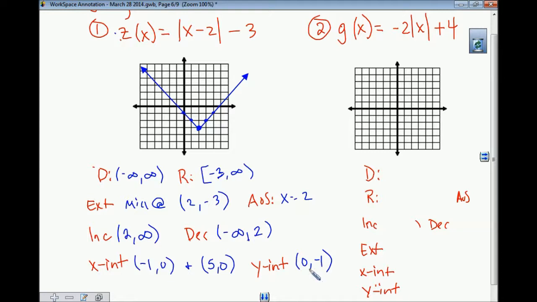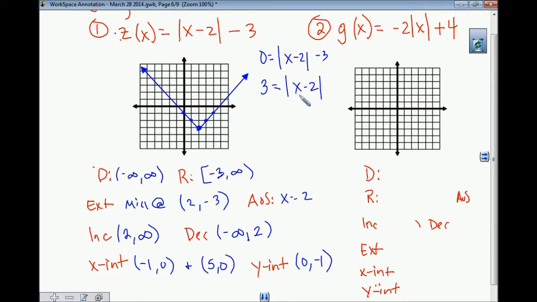Okay, the x-intercept and y-intercept we can also find algebraically, can't we? To find the x-intercept algebraically, we plug in 0 for the value of the function, make our y equal to 0, and that gives us the x-intercepts. So we get 3 equals the absolute value of x minus 2.